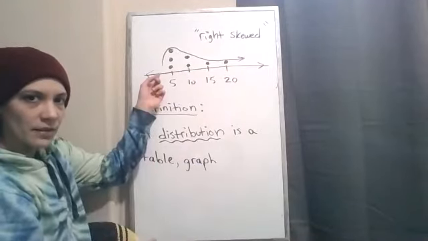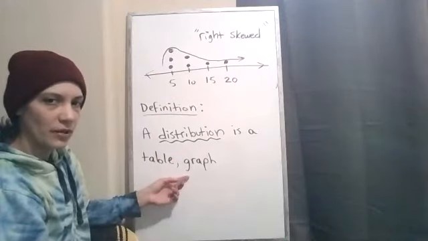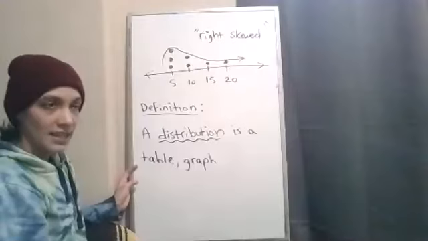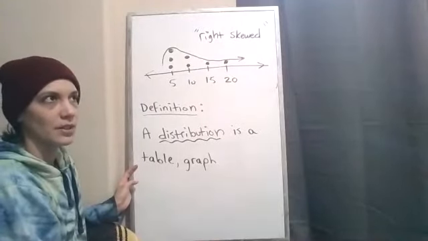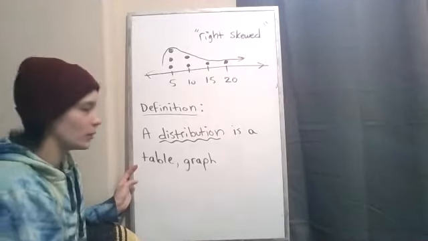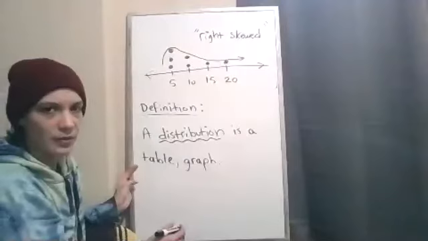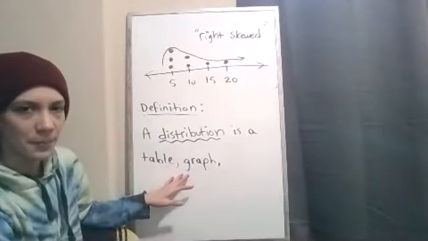This is one of your graphs, the dot plot. We've also talked about graphs like histograms and bar graphs. Next chapter, after we take test 1 and we get to chapter 16, we will talk about the formula for what we call a normal distribution.